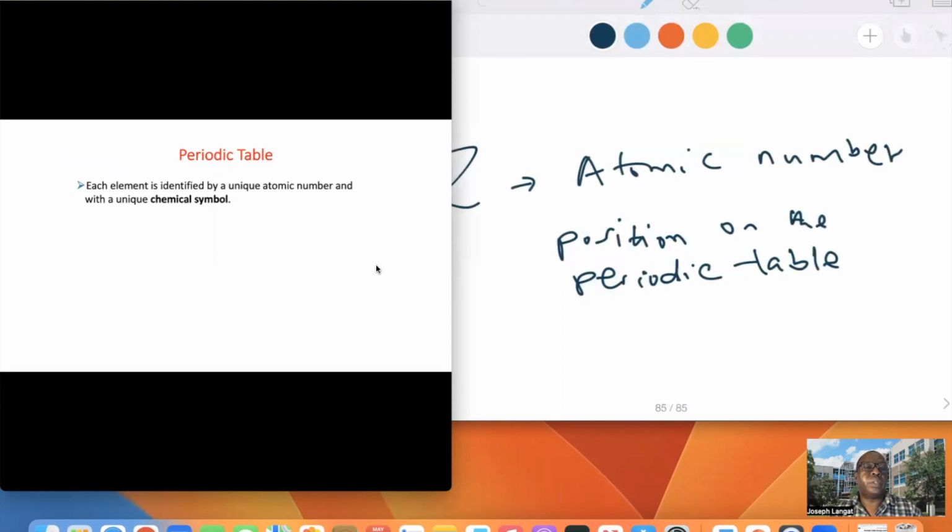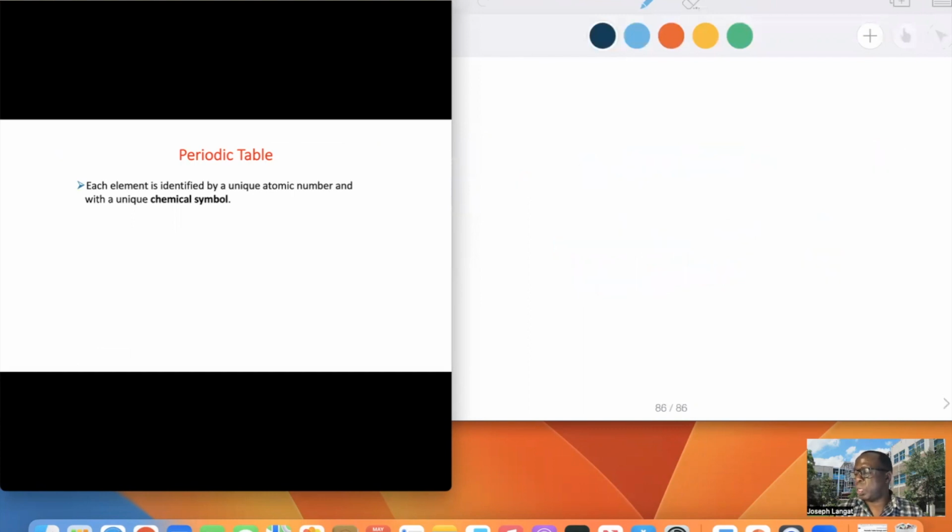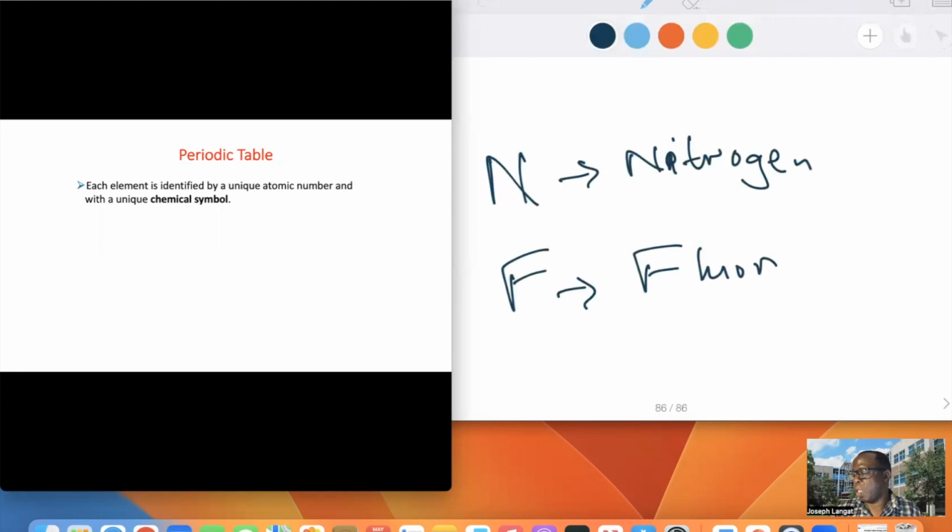Each element is identified by a unique number and a unique symbol. So you have to know what N stands for, for example, and what F stands for. This is nitrogen. And by the way, fluorine is the most misspelled element. You should write it correctly: fluorine.